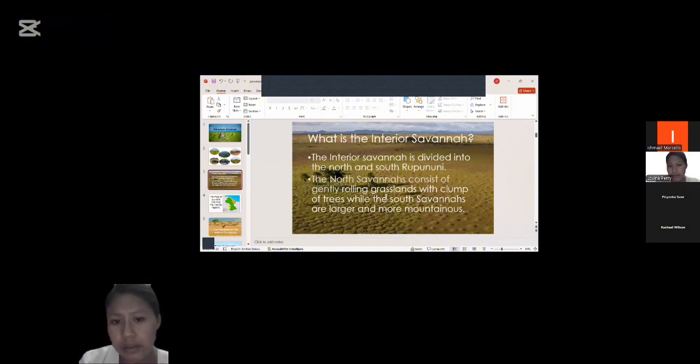So in the North savannas, most of the time you would find vast lands of grass with clumps of trees, whereas in the South savannas, we have more mountainous areas, right? As you can see in the background there, that is an image showing you what an interior savanna looks like.